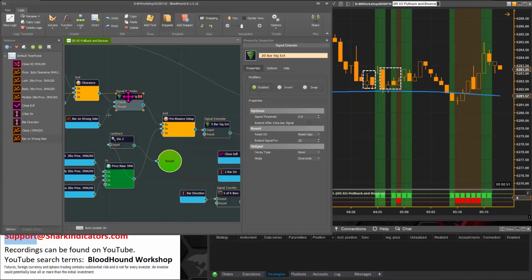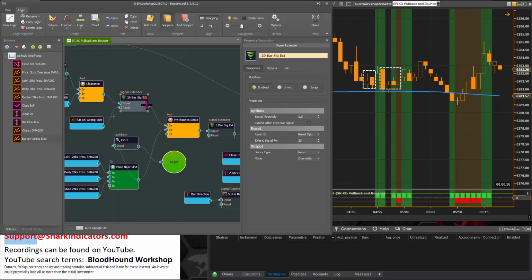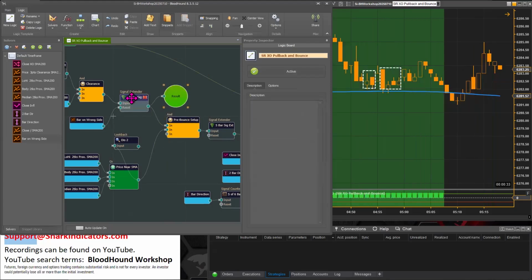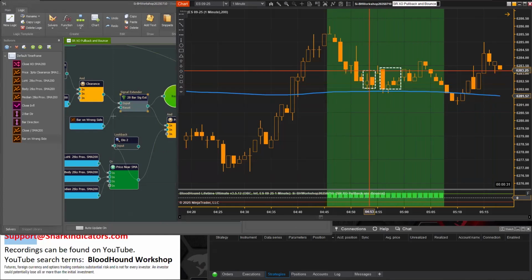These are the ones that will reset our signal extender further forward in time. We don't want this signal extender turning off right here. We want it turning off a few bars later.